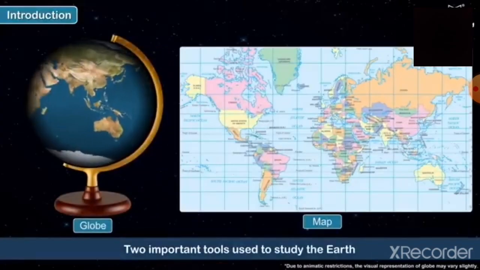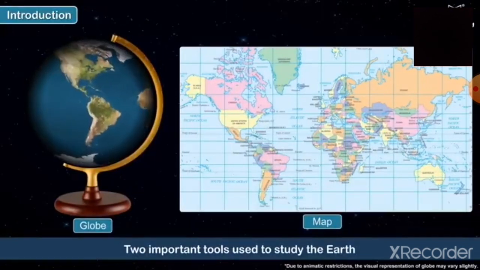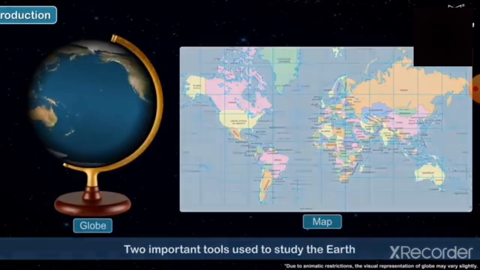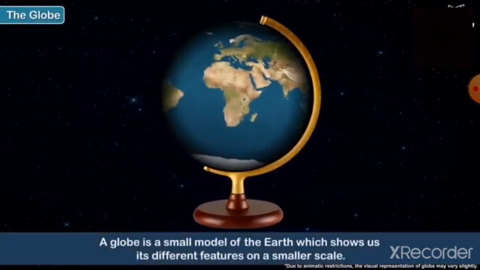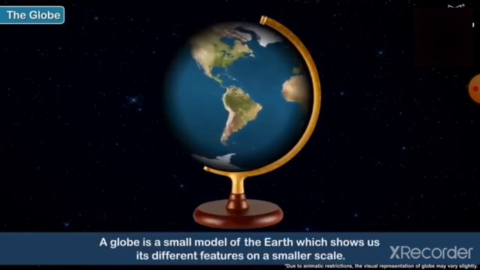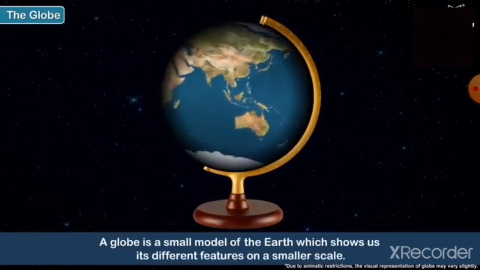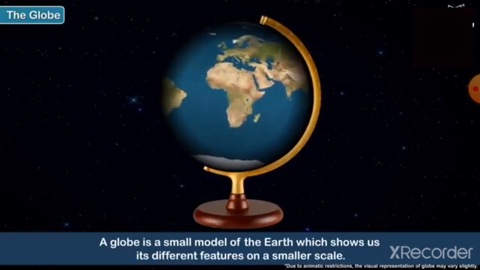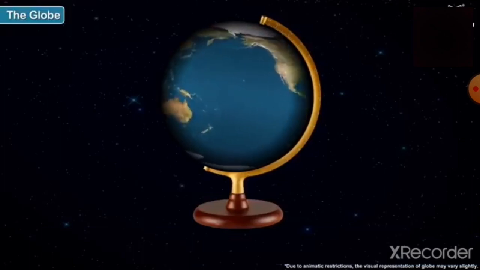Now, to know the places of certain places, we need some reference points like the globe and the map. Now, globe. What is globe? Globe is a small model of the Earth which shows us its different features on a smaller scale.